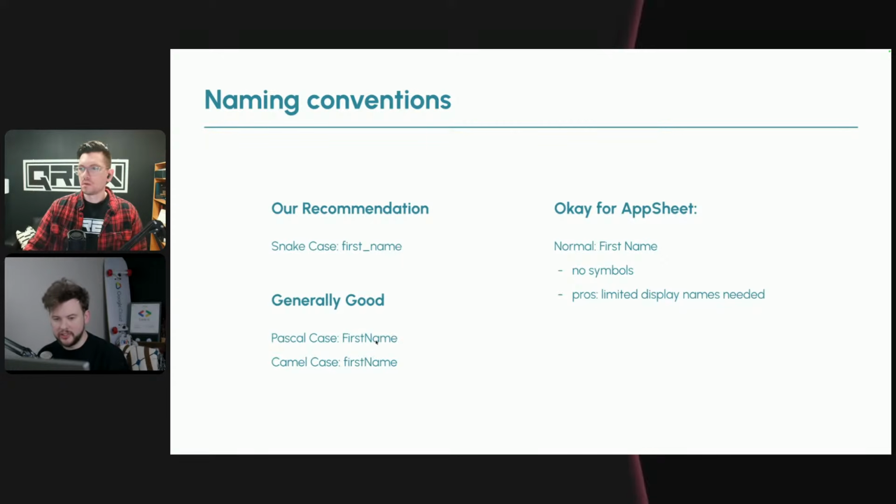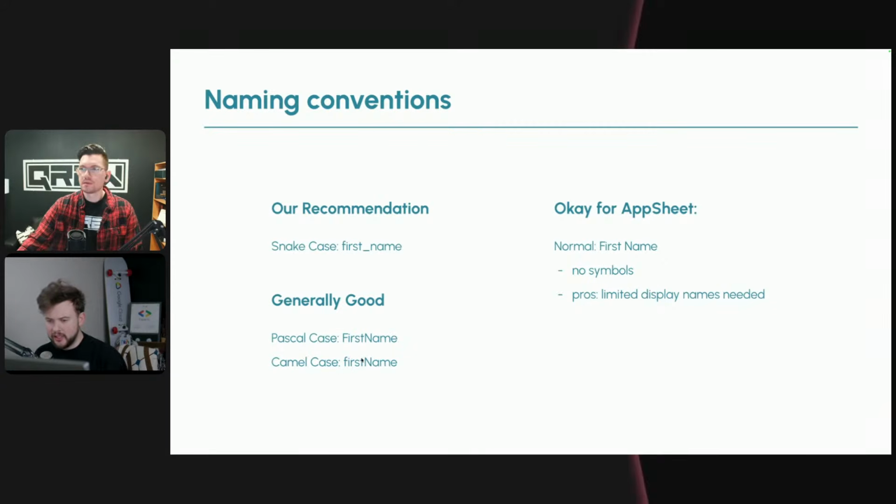There are other conventions that are generally good for AppSheet: Pascal case and camel case. They're very similar in that you capitalize the first letter of each word. However, the first word in camel case does not receive a capitalization.